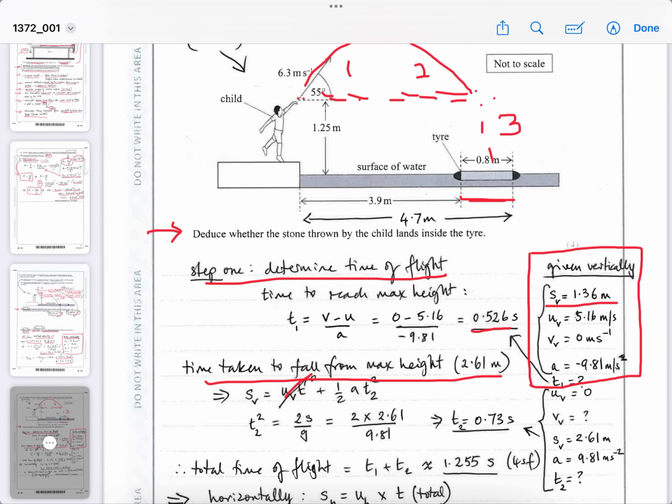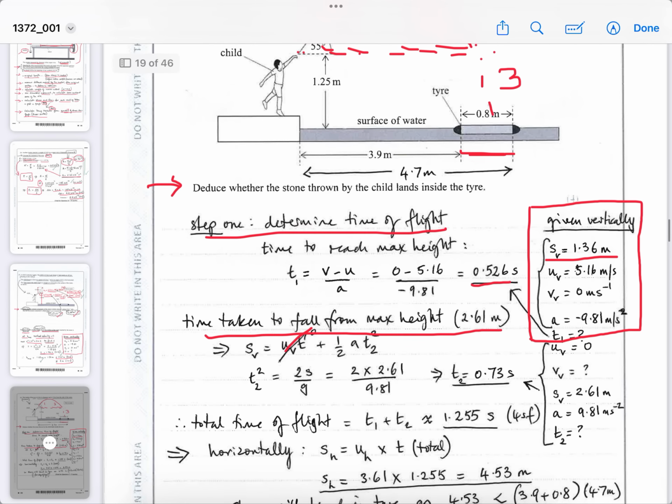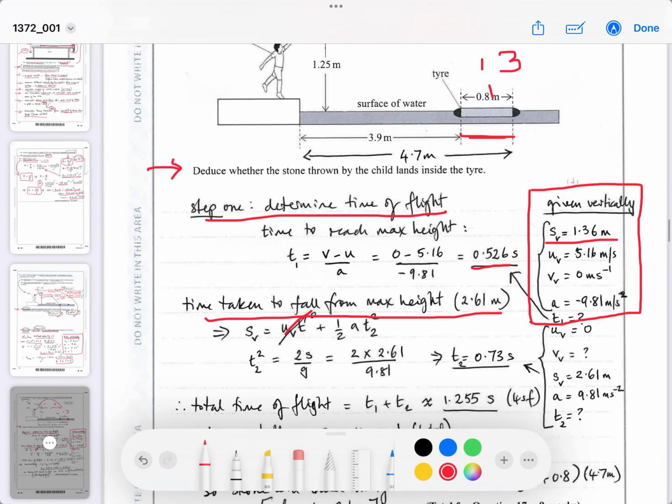So you can work out the time in one go, and t squared, the time for it to fall, will be equal to, so this is what we're doing now, we're doing time to fall. We're going from the top, where initial velocity is 0. We don't need the final velocity.